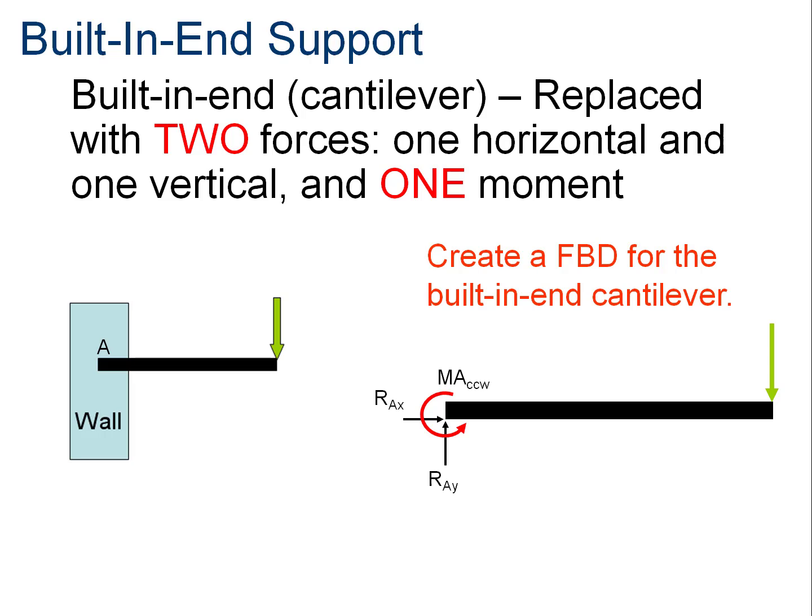Now notice this force pushing down and assume this is pinned. It's going to make the cantilever beam want to rotate clockwise. So the moment at the joint has to be opposite of that clockwise rotation, hence the counterclockwise. Moment at point A, counterclockwise.